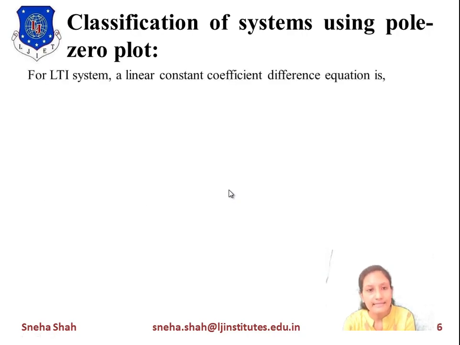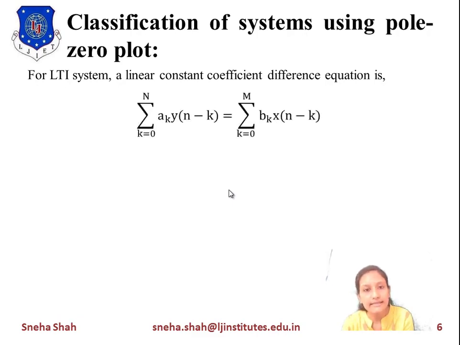Now for an LTI system, a linear constant coefficient difference equation represents the outputs and inputs. It is generally written as summation k equals 0 to n of ak y of n minus k, equals summation k equals 0 to m of bk x of n minus k.